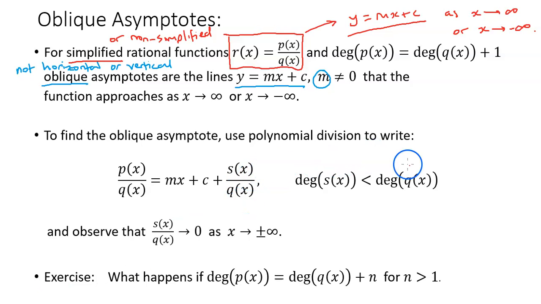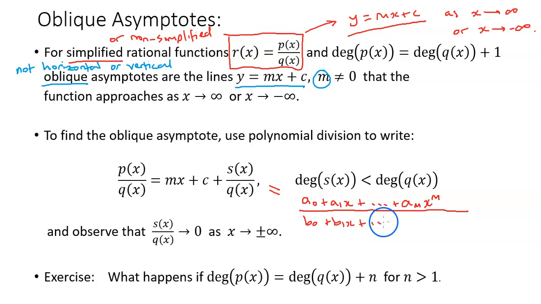So let's say s of x is a0 plus a1x all the way up to am x to the power of m, and then q of x can be b0 plus b1x all the way up to bm x to the power of m, and then it keeps going all the way up to bn x to the power of n, where n is bigger than m.